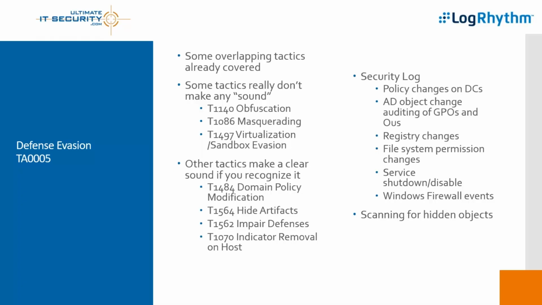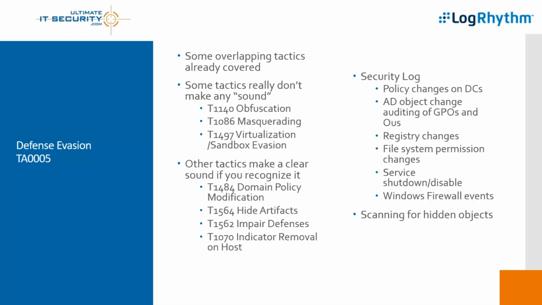For sure, domain policy modification is one of those. So the bad guys sometimes will actually go into Active Directory once they've gained that level of authority and make changes to domain level password and lockout policies and audit policies to either shut down monitoring or shut down other defensive controls that you've set up.